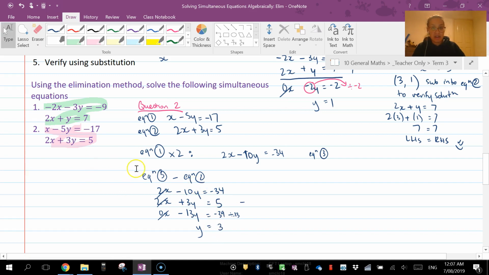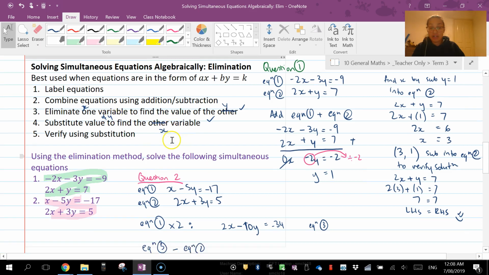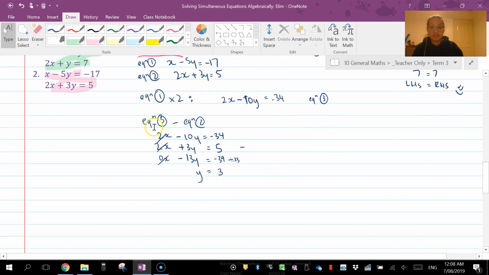So then I take my y and I substitute it. In this case, eliminate the x variable to find the value of y. It's the same with question 2. Now I'm going to substitute the value of y into one of my equations to find x. So sub y equals 3 into equation, let's go with 1.